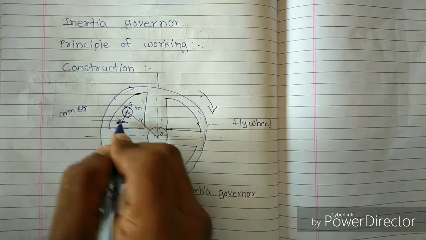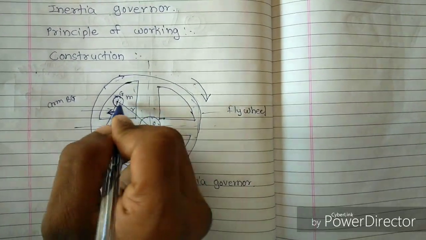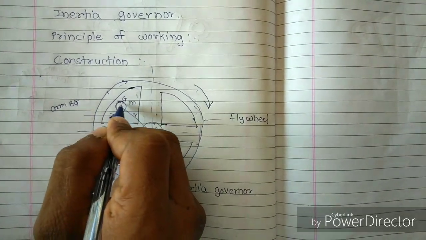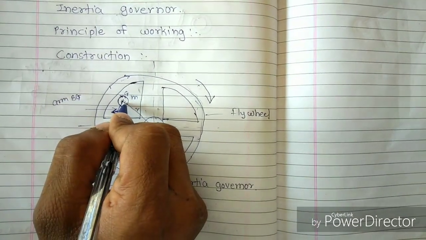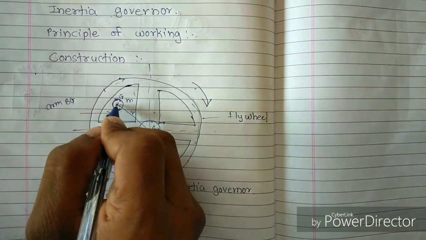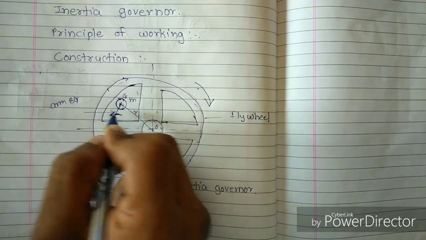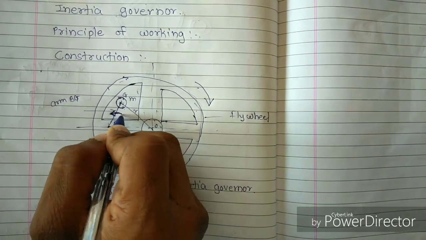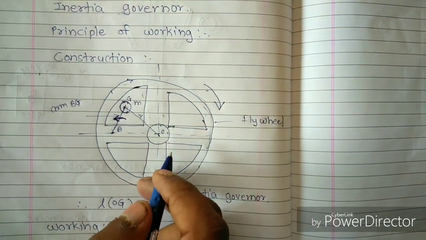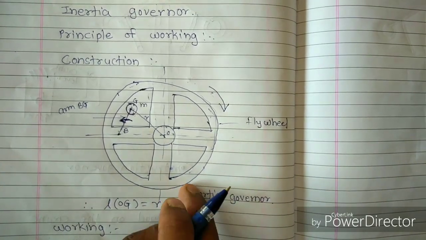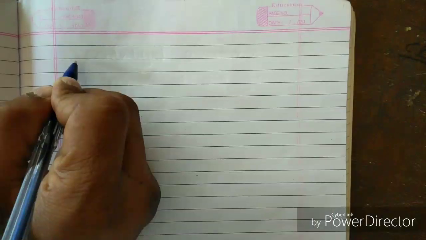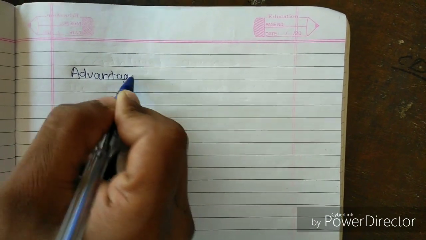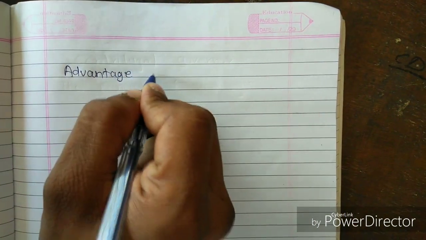This rotary movement of this arm BG will further actuate the throttle valve to reduce the supply of working fluid, and hence the speed of the engine starts decreasing till constant speed is obtained. In this manner, the inertia governor controls the speed of the engine.